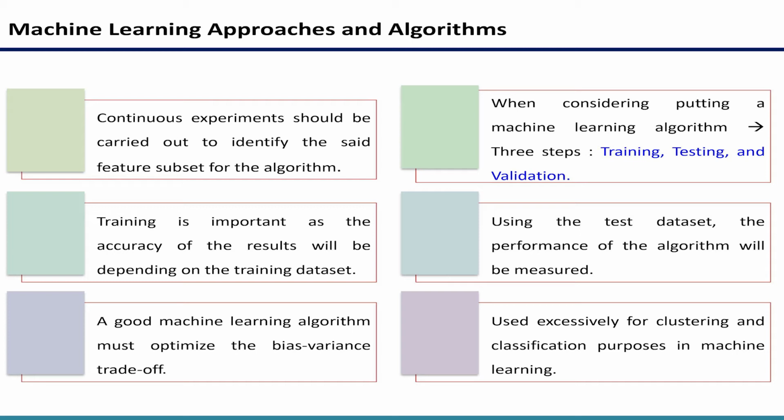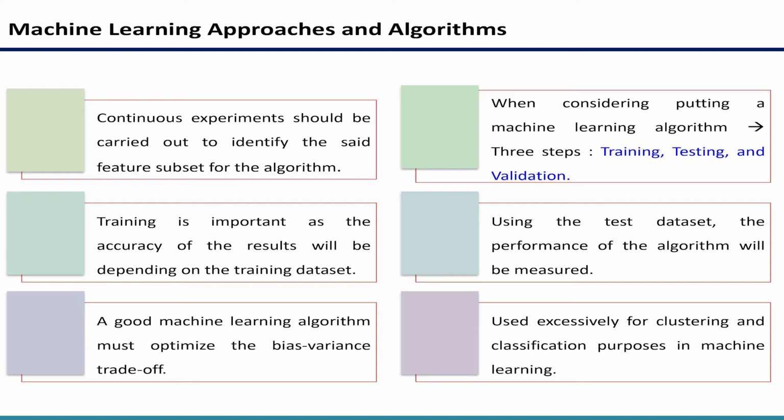Training is important, as the accuracy of the result depends on the training data set. Using the test data set, the performance of the algorithm will be measured. A good machine learning algorithm must optimize the bias, variance and trade-offs. It is used extensively for clustering and classification purposes.